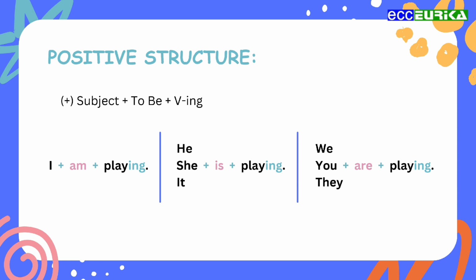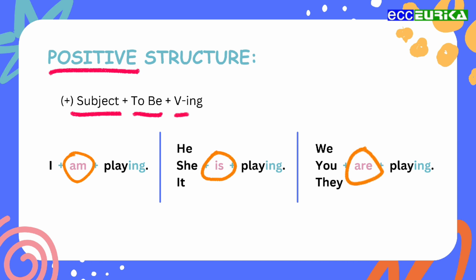Let's take a look at how we form positive sentences in the present continuous tense. The structure is subject plus to be, am, is, are, plus verb ing. So for subject I, you can use am for to be. For subject he, she, and it, and for singular subject, you can use is for to be.